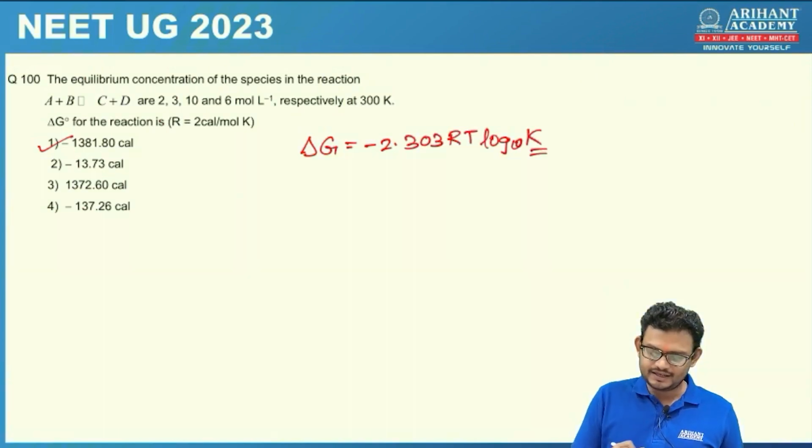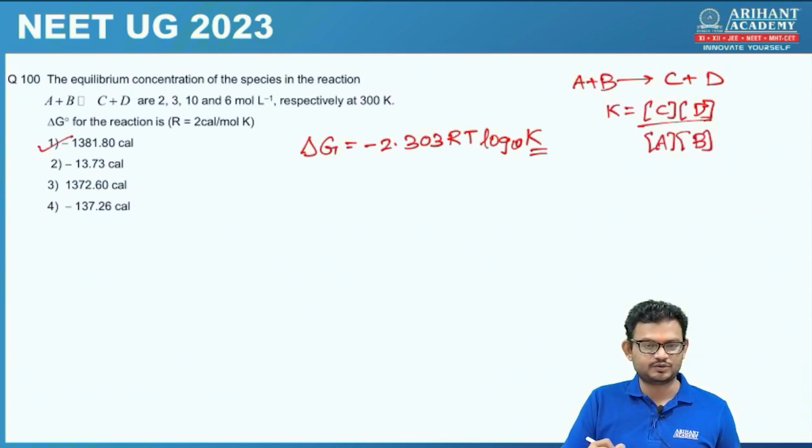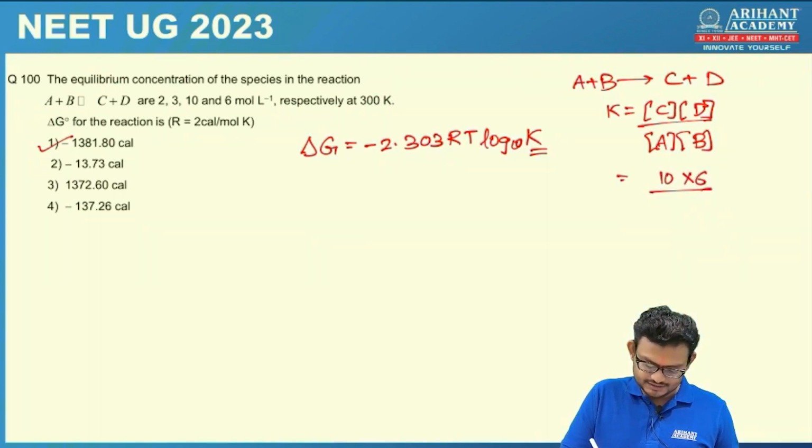Now K here is an equilibrium constant, so let us first calculate the equilibrium constant. A plus B giving C plus D. So technically the equilibrium constant on applying law of mass action would be concentration of products divided by concentration of reactants raised to their stoichiometric coefficients. So let us have a look at the values 2, 3, 10 and 6. So it is 10 into 6 divided by 2 into 3.